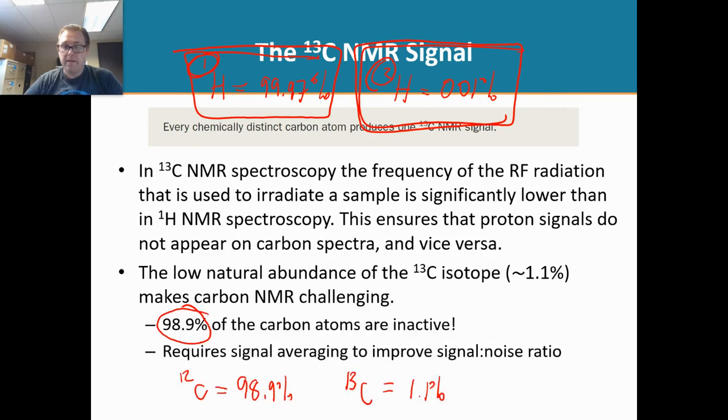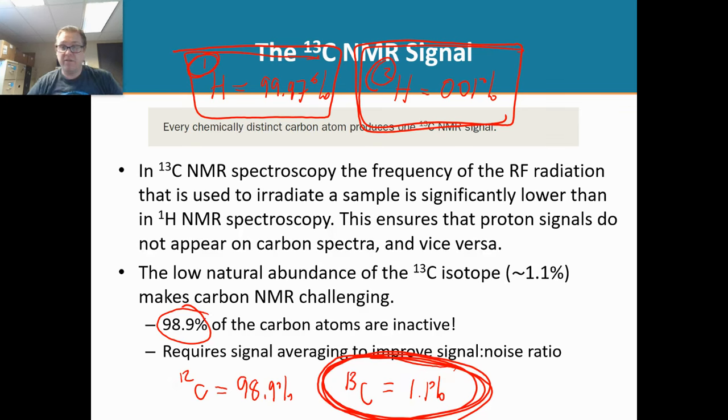Okay? So now there's a consequence to this. There's a very small abundance of NMR active carbon in every sample that you have. So it takes a whole lot longer to get an NMR spectrum for carbon-13.